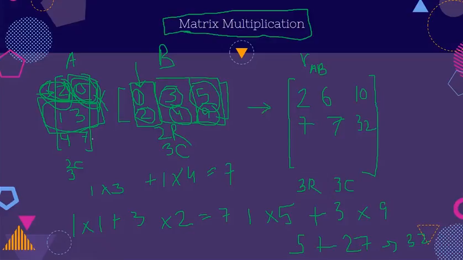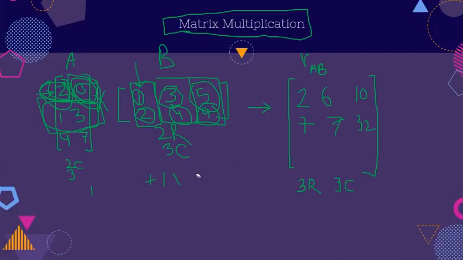We can do it for the last row too. I could just write the answers down, but I'll go ahead and do this as well so that it is helpful. Let me erase this. Now I have 4 and 7, and I'm going to multiply them with each of these columns one by one.